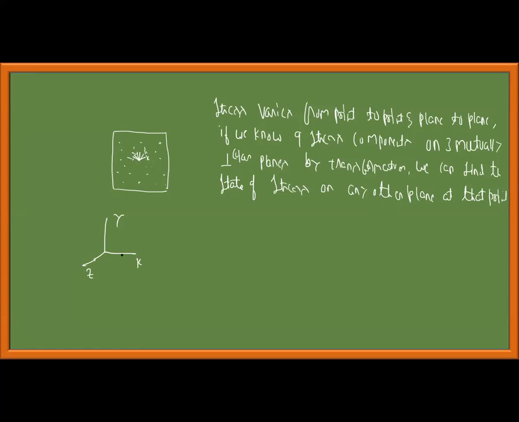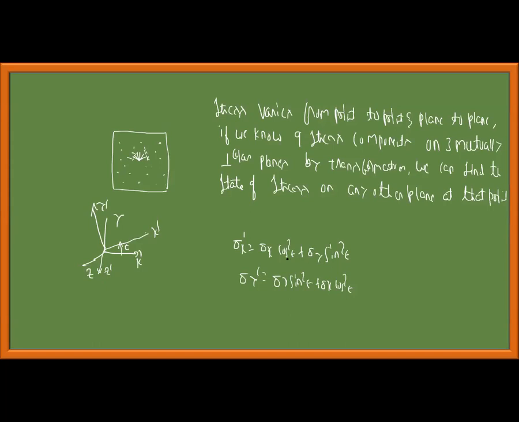Transformation in the sense, for example, I want the stress on this plane. This is x dash, y dash, and say z dash. This plane is at an angle theta with respect to x. So by transformation, sigma x dash is equal to sigma x cos square theta plus sigma y sin square theta, something like that, or sigma y dash is equal to sigma x sin square theta plus sigma y cos square theta.